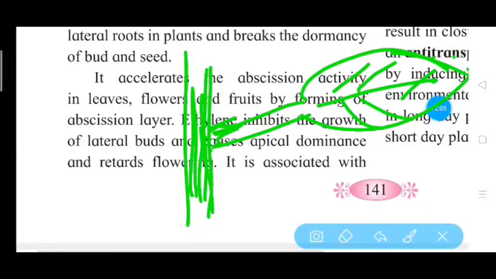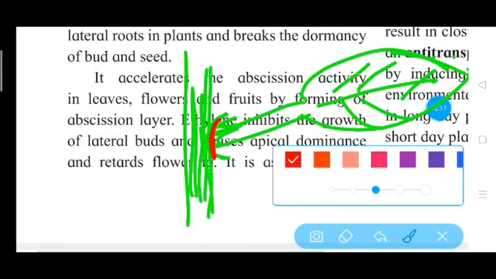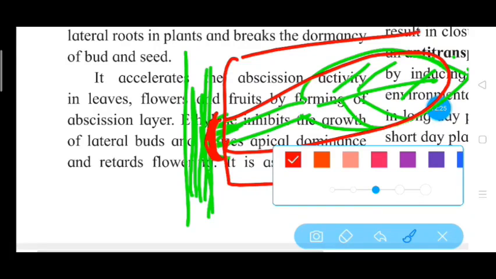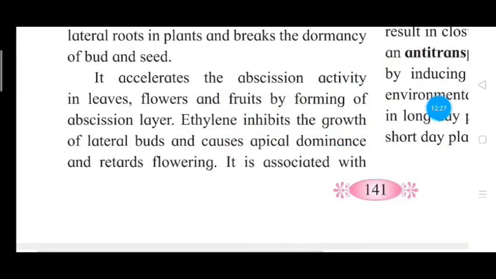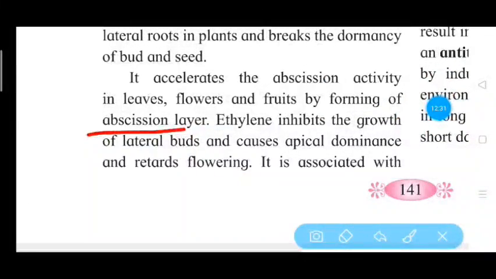Then it forms the abscission layer here, due to which the leaves cut off from the tree. In this way it forms the abscission layer.